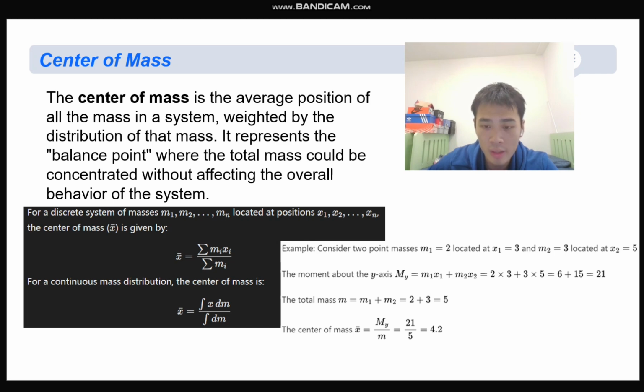The moment about the y-axis My equals m1 x1 plus m2 x2, which is 2 times 3 plus 3 times 5, so we can get 21. And the total mass m equals m1 plus m2, which is 5. So in the end, we can get that the center of mass here is 4.2.